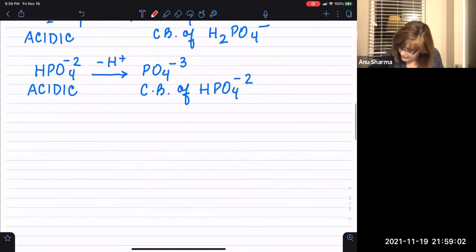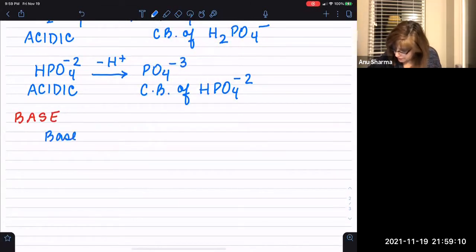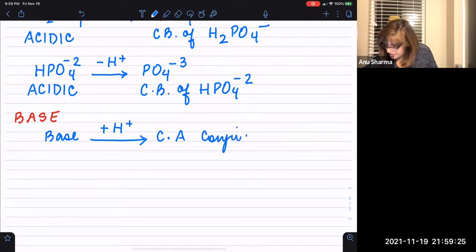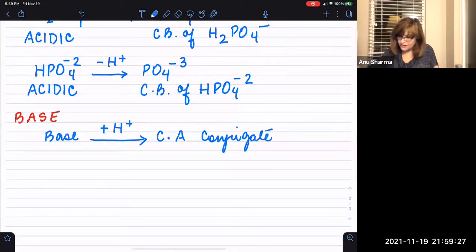Okay, now let's look at the base. Every base will have a conjugate acid. And again, the difference is of one hydrogen ion. So here's the base. The thing with the base is it will accept the proton. So it adds one hydrogen ion and it makes the conjugate acid. So Ca is the conjugate acid of whatever the base is.